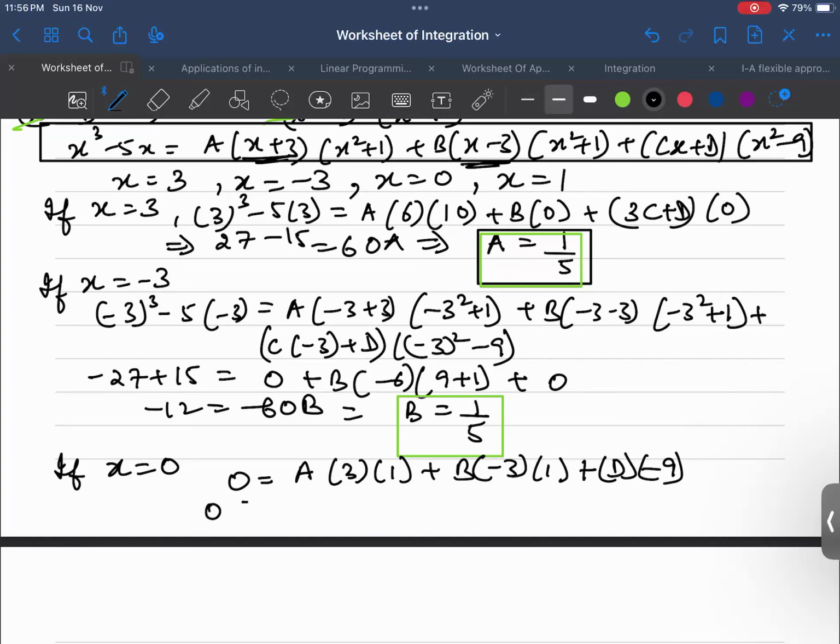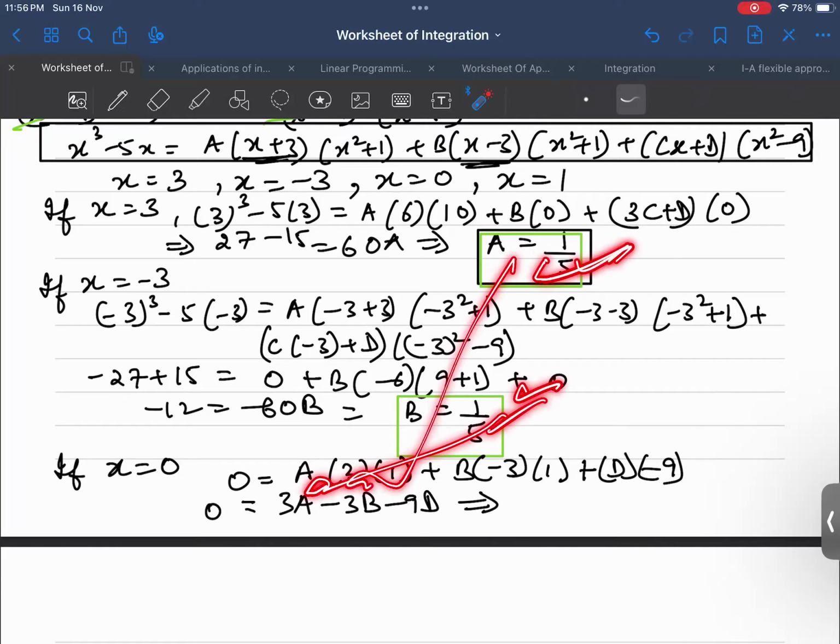It will be 3a minus 3b minus 9d. Put the value of a and b from here, this and this. Keep these, get this and this value here. Solve it. You will get d equals 0.